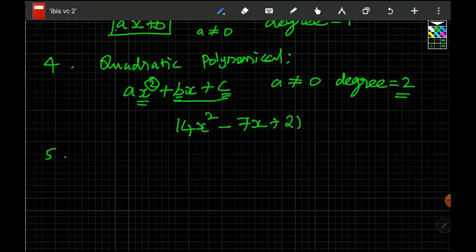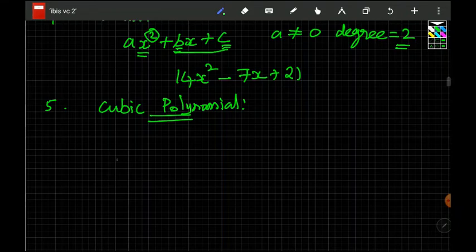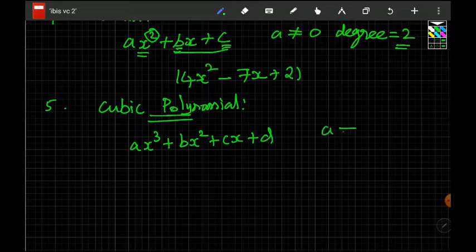In our list, fifth comes the cubic polynomial. The general form of a cubic polynomial is ax cube plus bx square plus cx plus d. Here a should not be 0. If a becomes 0, the x cube term will disappear and this will become a quadratic polynomial.